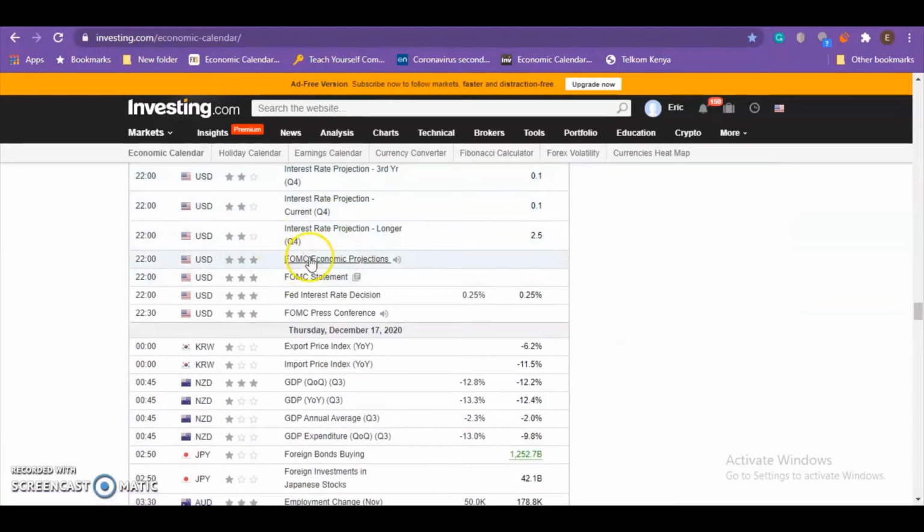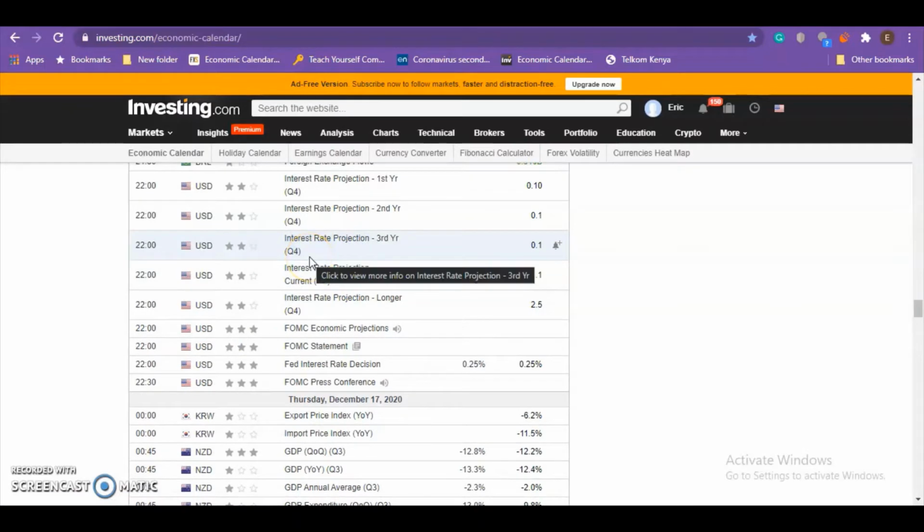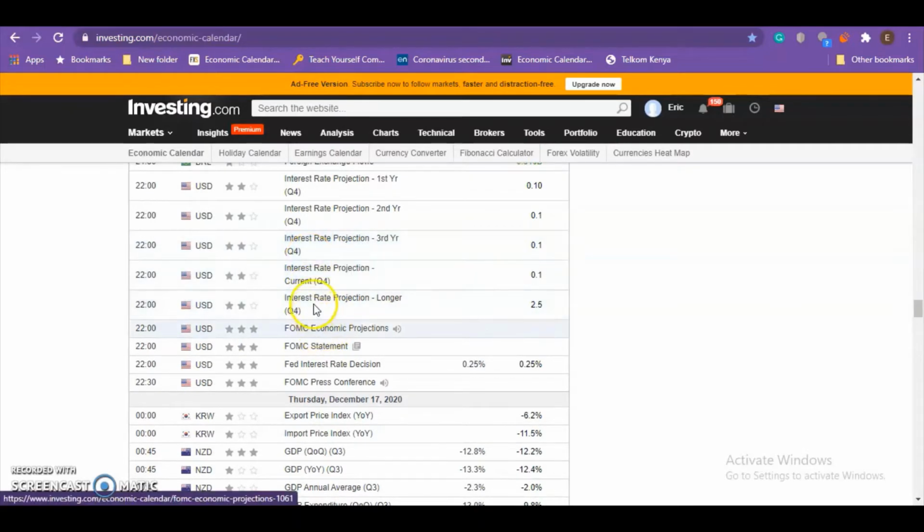So on Wednesday, it seems that there is major news. Look at the interest rates. Look at the FOMC, which is the Federal Open Market Committee, and the statement, and also the interest rate. We had the interest rate decision for the euro last week, and it was expected to be maintained at 0.50, which it did.